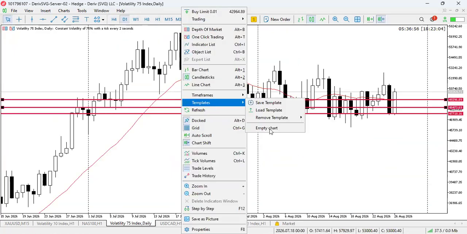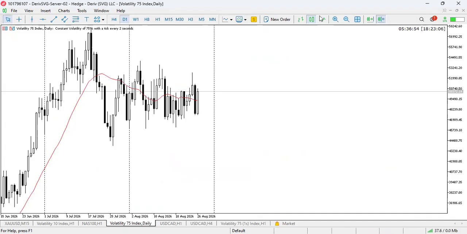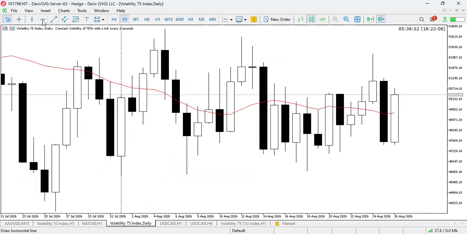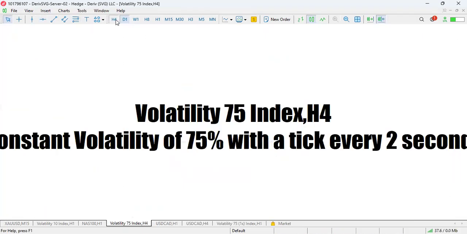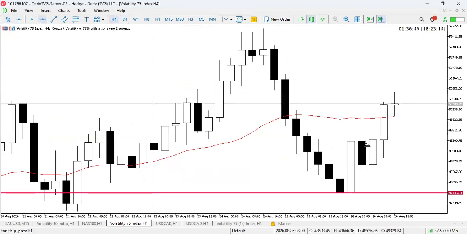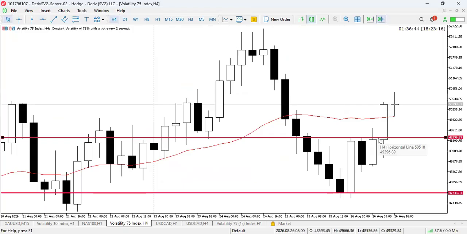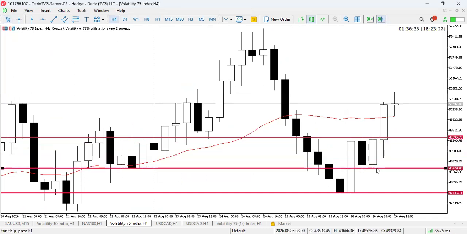Okay, lastly let me look at this V75 today, daily time frame. Okay, daily time frame, and then the closing price is here, H4. First 4-hour candle is that one. No need to mark this, it's too far. You can just mark the low of the second candle of the zone which was broken.